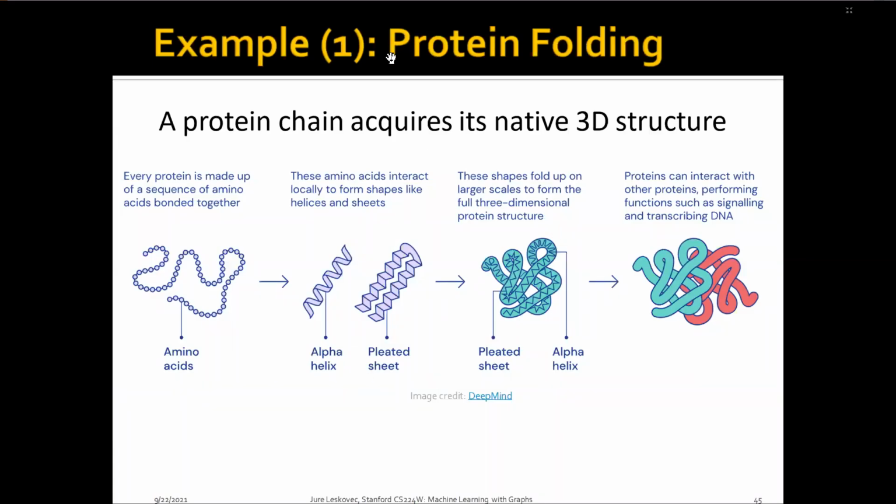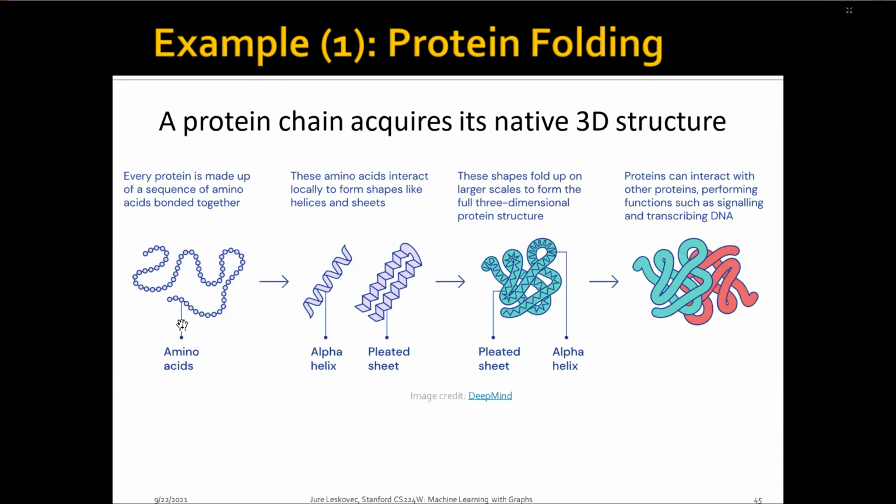So the first example is protein folding. I think everyone must have heard about AlphaFold, right? So that's all about protein folding. So what is protein folding? Basically, I think one sentence to explain it is how to use 1D to predict 3D. So it's using a 1D sequence of amino acids to predict the 3D structure of the protein.